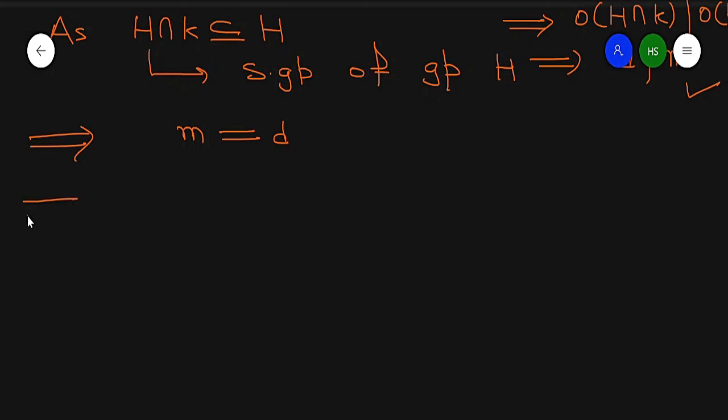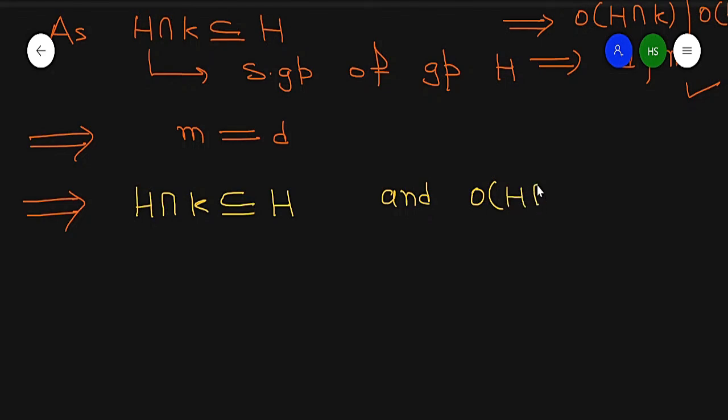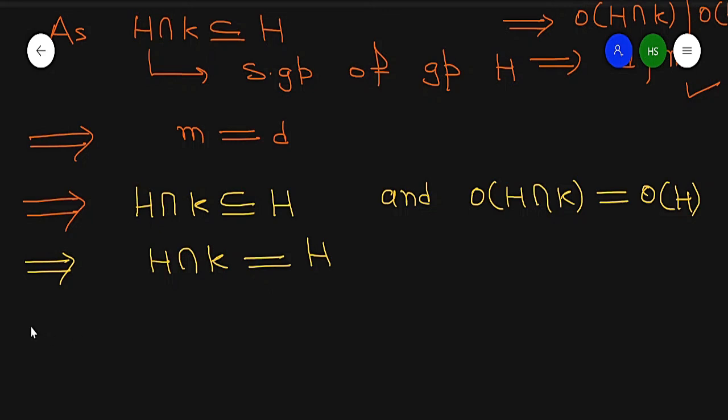So it means H intersection K is a subgroup of H and both have the same order: the order of H intersection K is equal to the order of H. This is possible when H intersection K is equal to H, and this is possible when H is equal to K, which proves the uniqueness of this group.